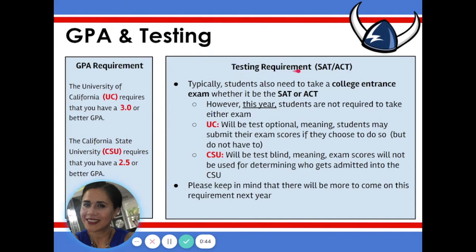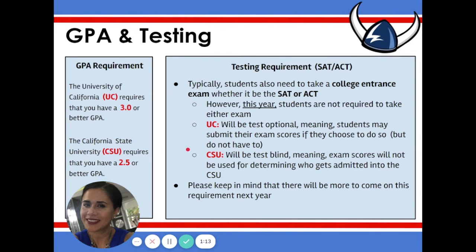Testing requirement: SAT, ACT. Typically, students also need to take a college entrance exam, whether it be the SAT or ACT. However, this year, students are not required to take either exam. The University of California will be test optional, meaning students may submit their exam scores if they choose to do so.